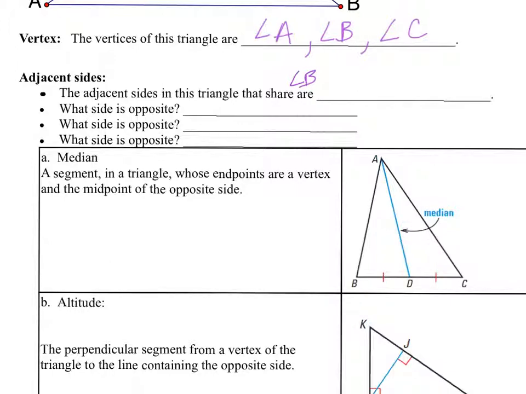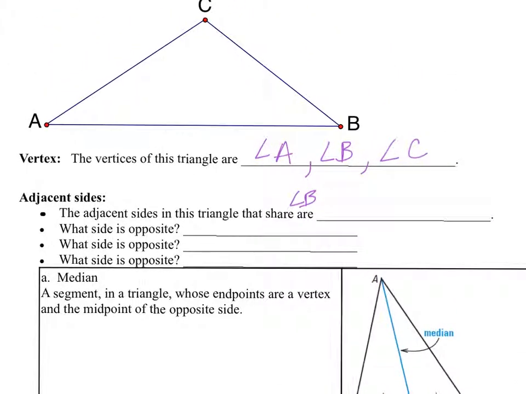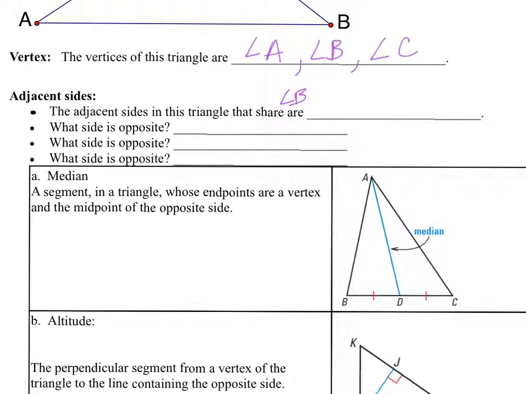The sides that share angle B are going to be AB and BC. They're the sides right next to them. So this is AB and AC.